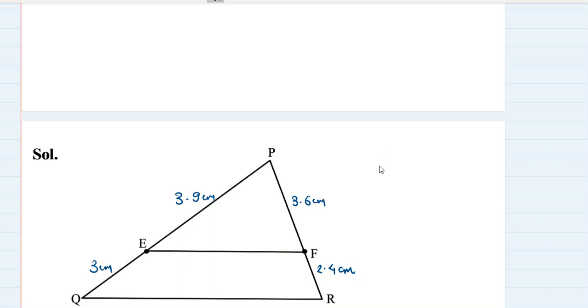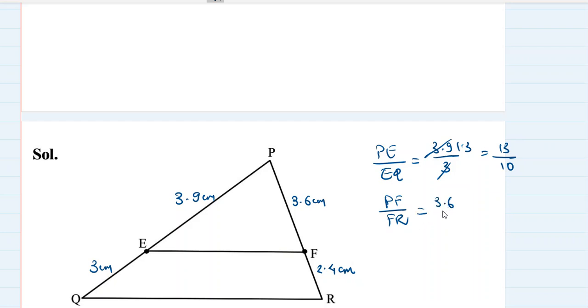EF will be parallel to QR if and only if PE upon EQ's ratio is equal to PF upon FR's ratio. What is PE upon EQ? 3.9 upon 3 is 1.3 upon 1 or 13 upon 10. Let's find the ratio of PF upon FR, that is 3.6 upon 2.4. So we are getting 3 by 2.